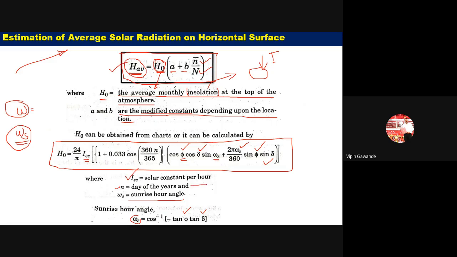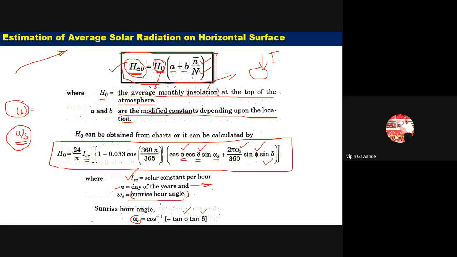N, the day of the year, will be given in the problem. For the calculation of the sunrise hour angle, the latitude and declination angle will be given.